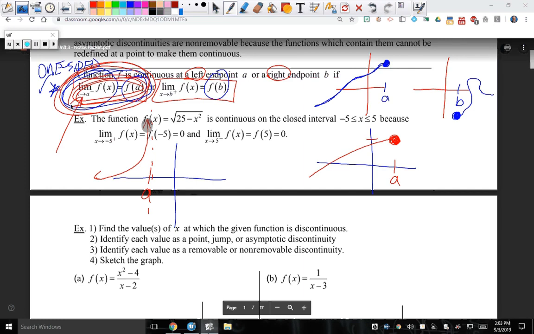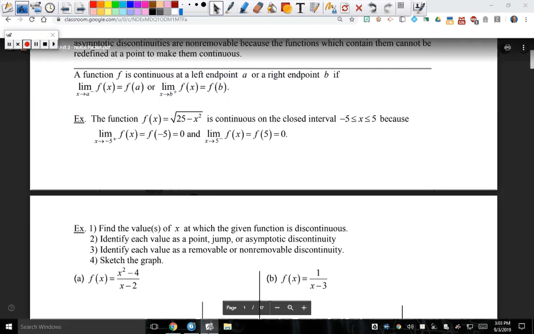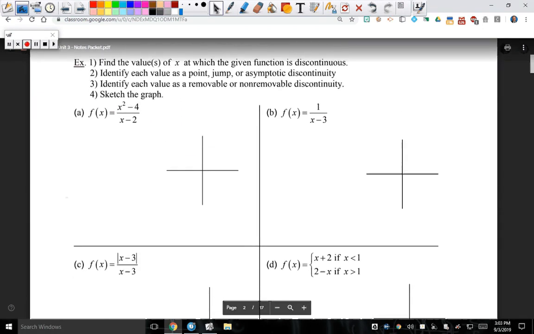No. Because you have to hit a quantifiable defined y-value point. And infinity is not quantifiable. Go with me?